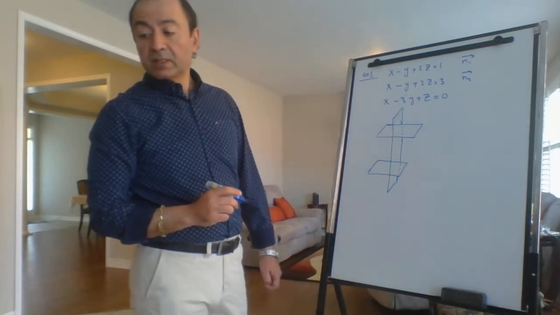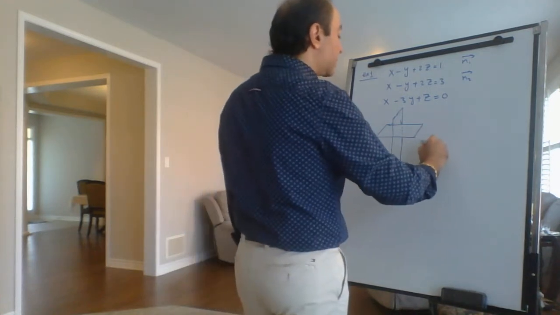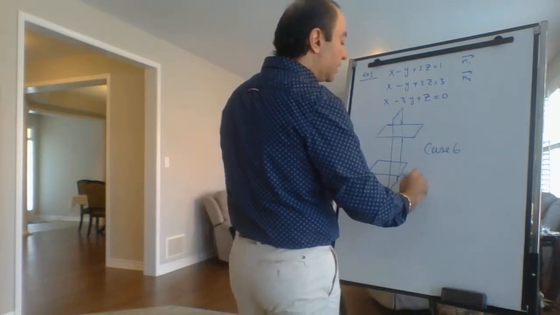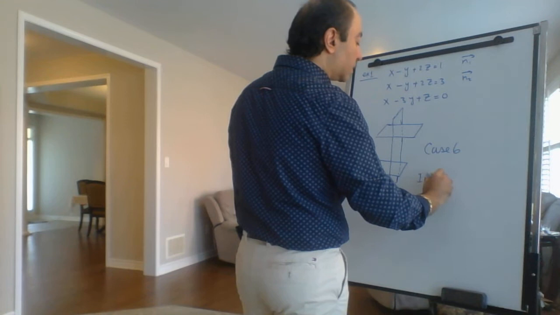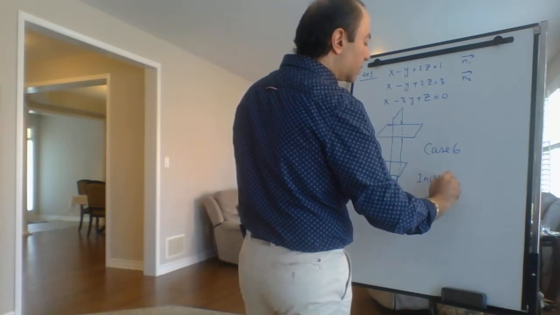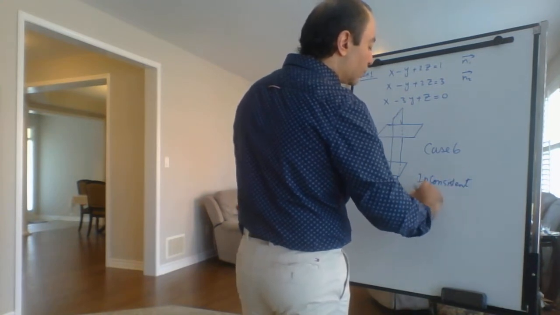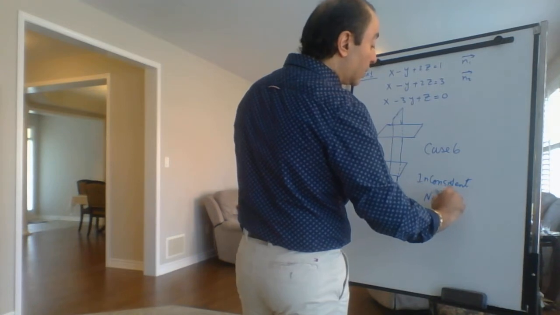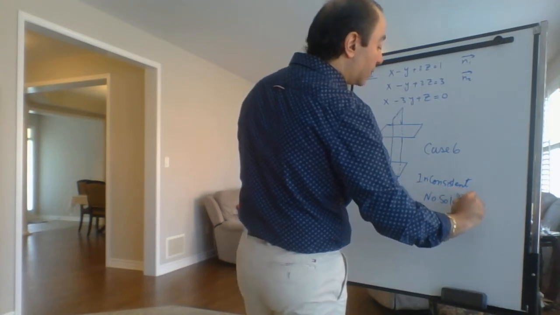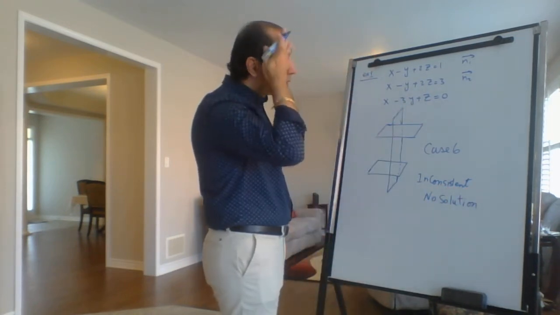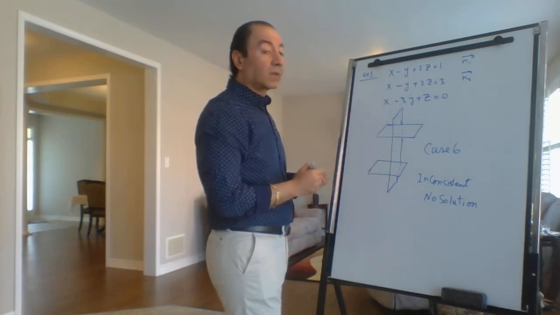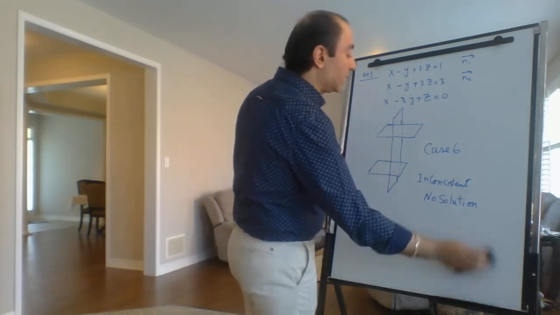And this was case number 6. So this is inconsistent and no solution. There is nothing in common among the 3 planes. 2 parallel and 1 cutting them. Okay? So this is how we do it.